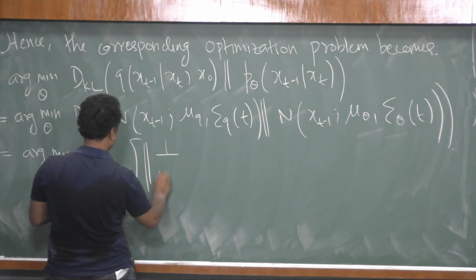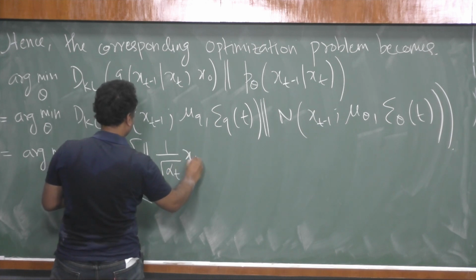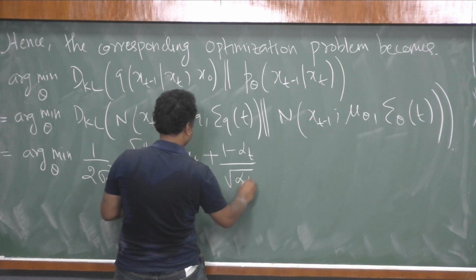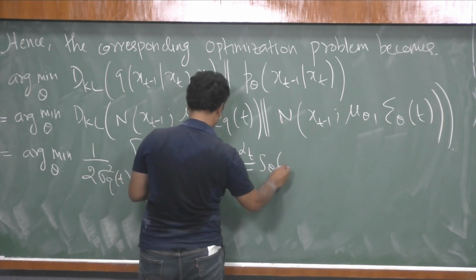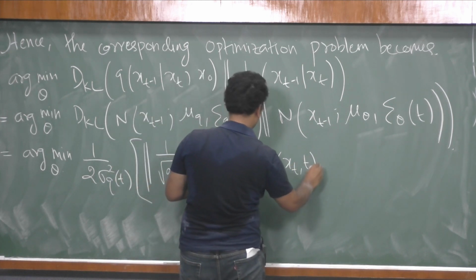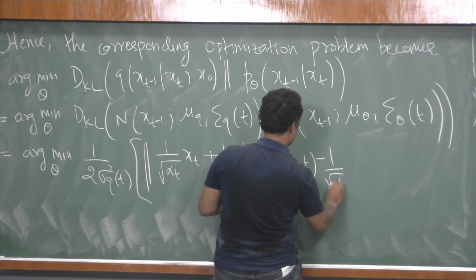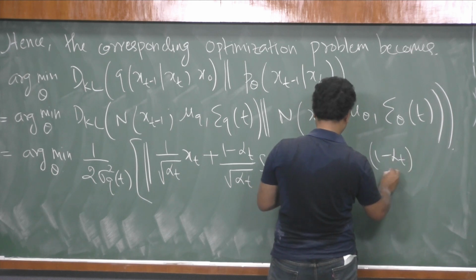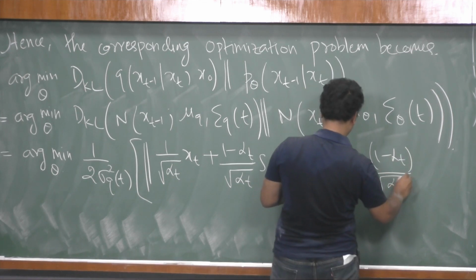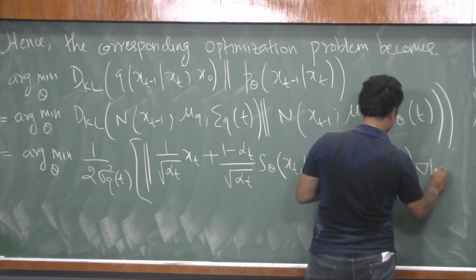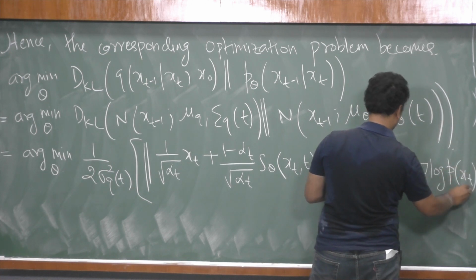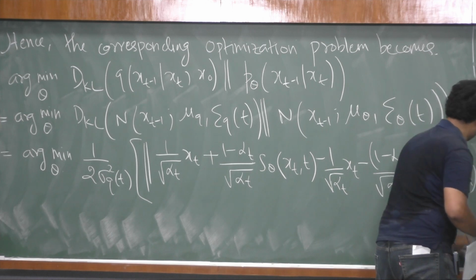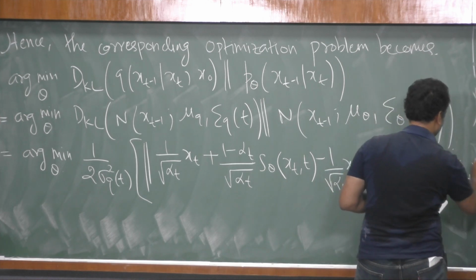In our case, this is sqrt(alpha_t) x_t plus (1 minus alpha_t) over sqrt(alpha_t) s_theta(x_t, t), minus 1 over sqrt(alpha_t) x_t minus (1 minus alpha_t), and then grad log of p(x_t). So let's create a little space here. So p(x_t).